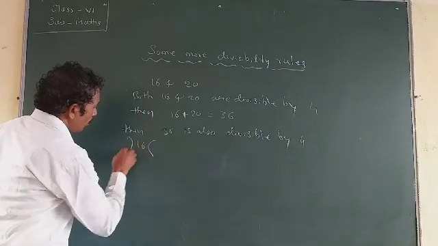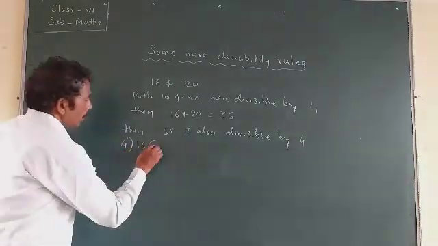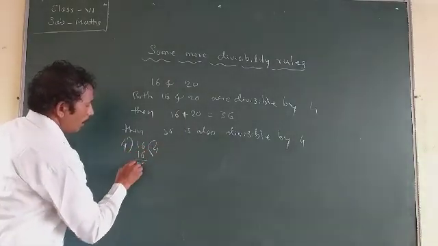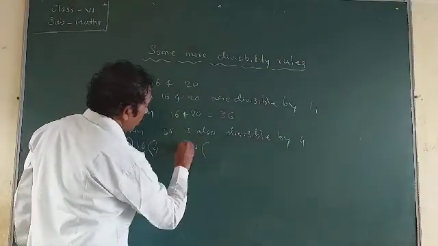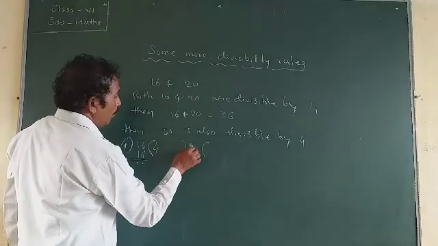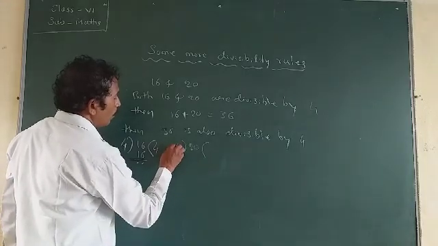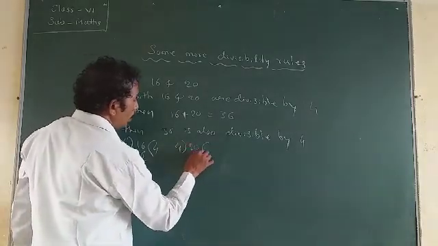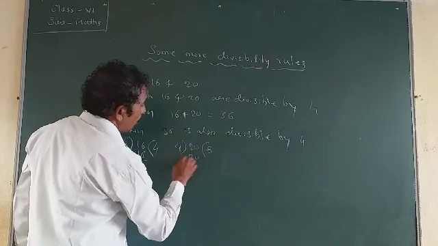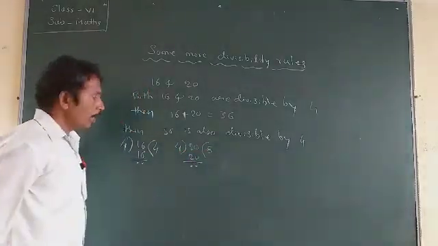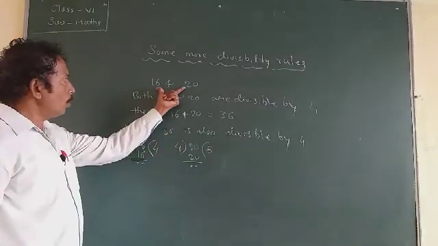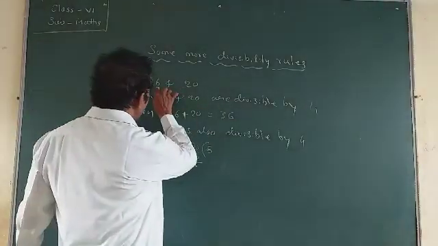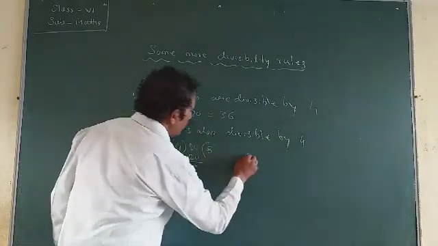16 is divisible by 4, 4 4s are 16, remainder 0. Similarly, another number 20, dividing 20 by 4, 4 divides 20 completely. 4 5s are 20, remainder 0. Take the sum of 16 and 20, which is 36.